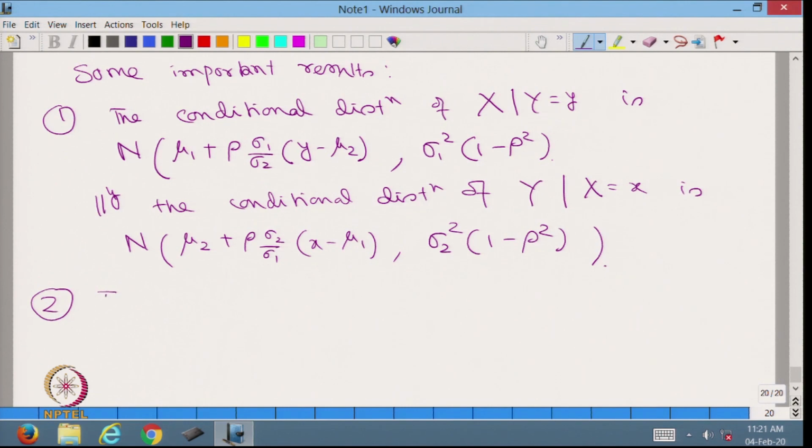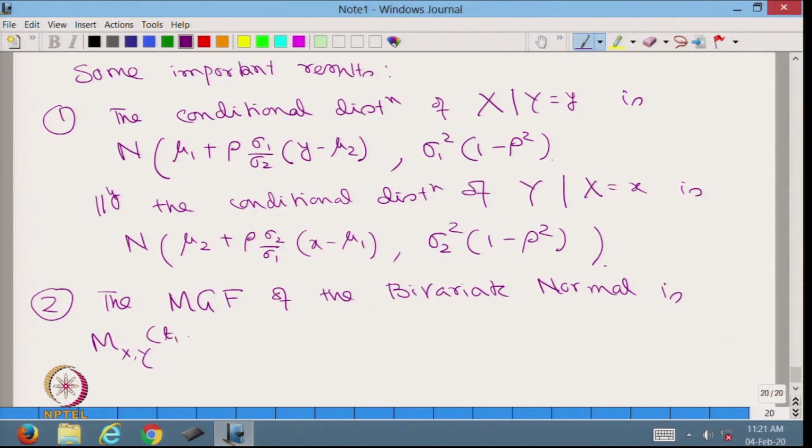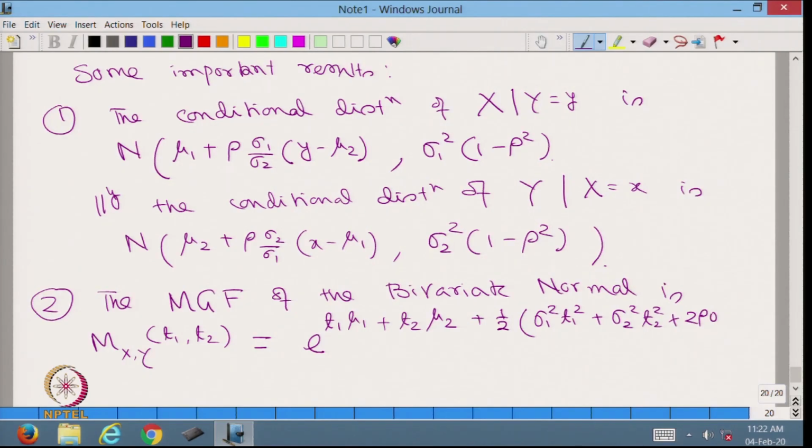The second result is the moment generating function of the bivariate normal is m x y t 1 t 2 is equal to e to the power t 1 mu 1 plus t 2 mu 2 plus half into sigma 1 square t 1 square plus sigma 2 square t 2 square plus 2 rho sigma 1 sigma 2 t 1 t 2.